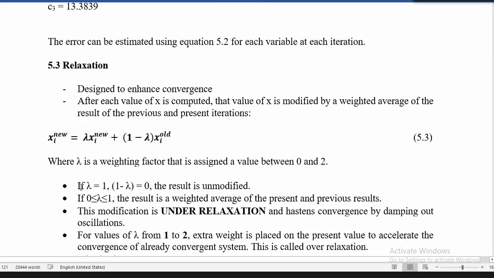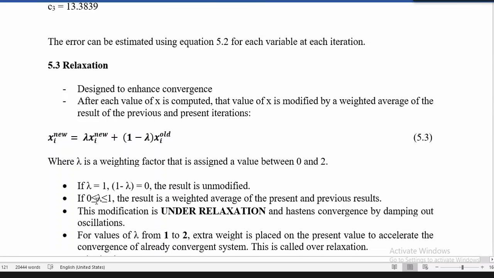So if lambda is 1, then 1 minus 1 is 0. We don't have anything here. This one equals this one. We have not done anything. The result is not modified.